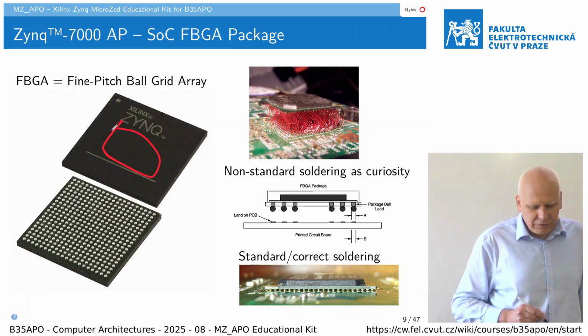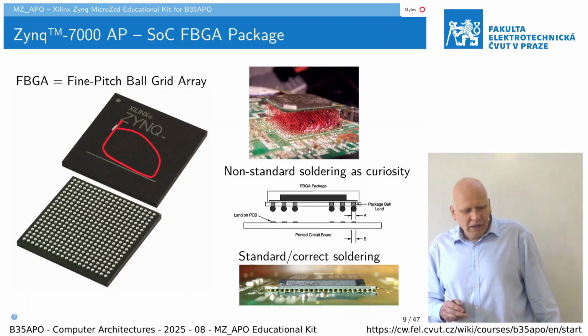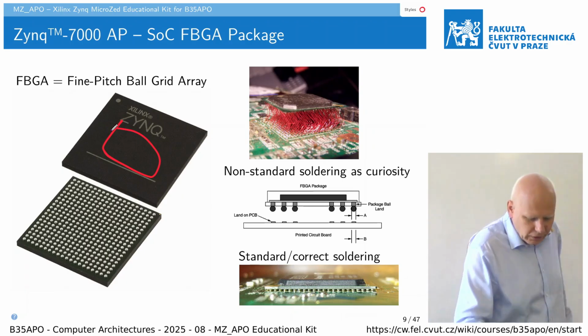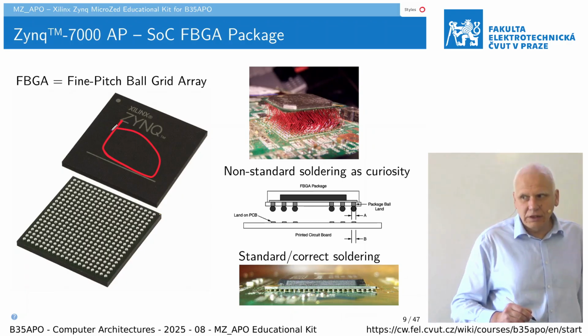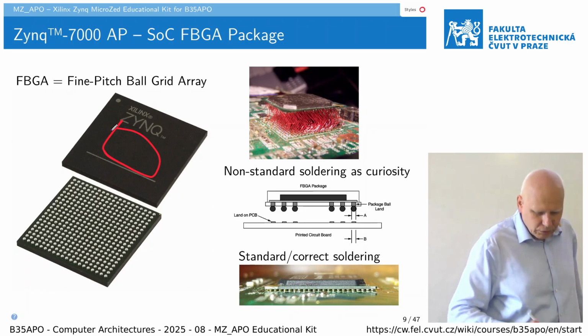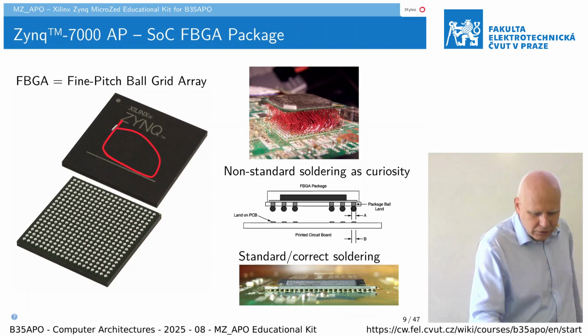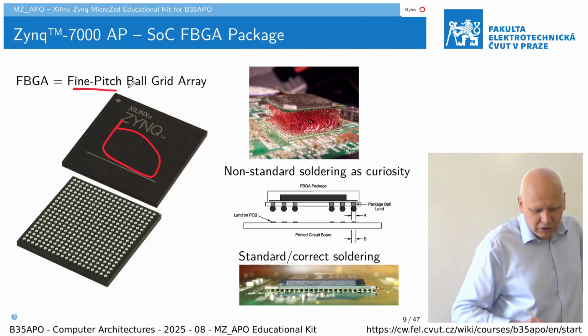And for those highly integrated circuits, you need quite a lot of pins to connect to the board. So it is usually soldered through a fine pitch ball grid array.